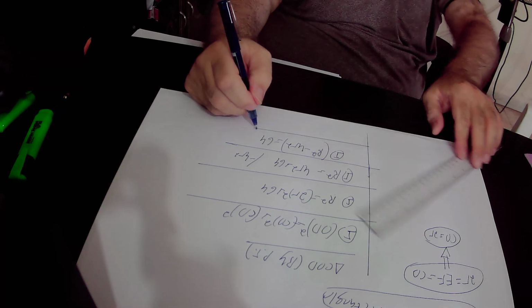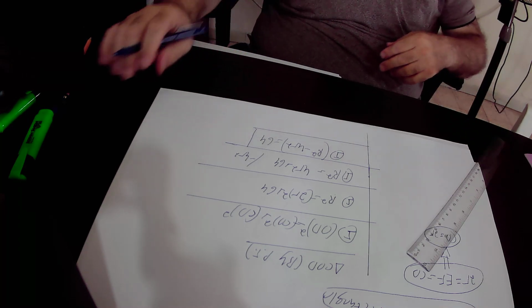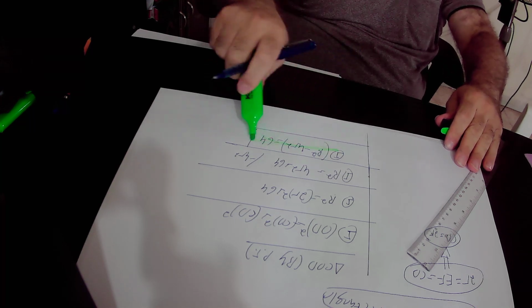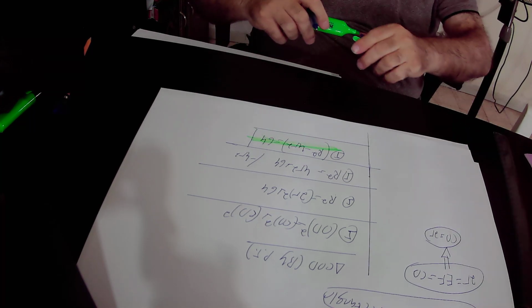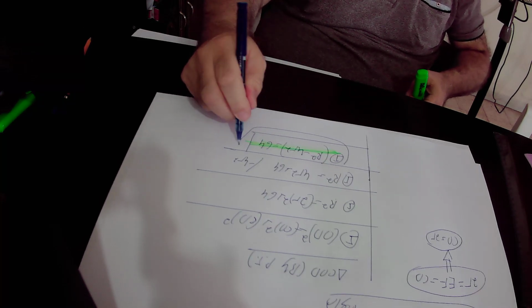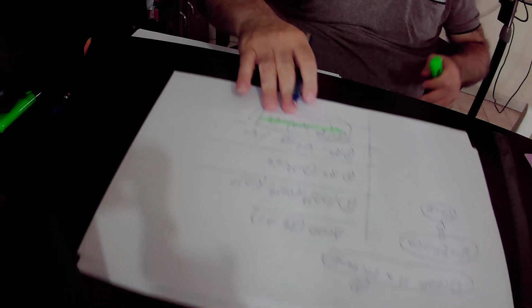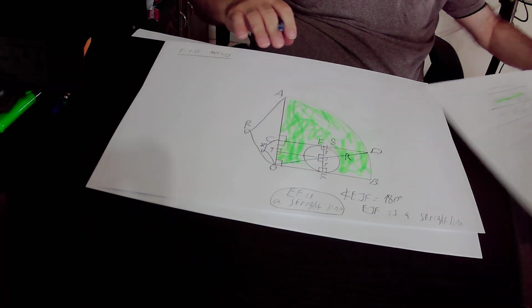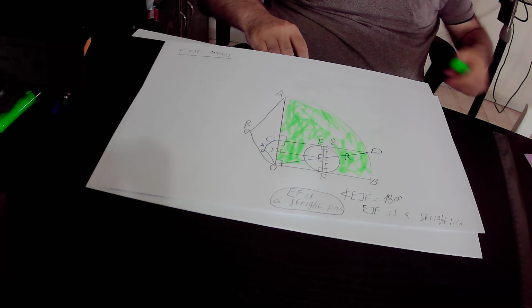We actually found out that R square minus 4r square equals 64 according to equation number 1.